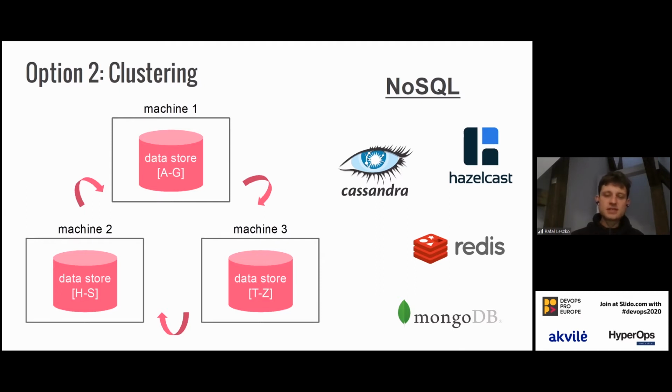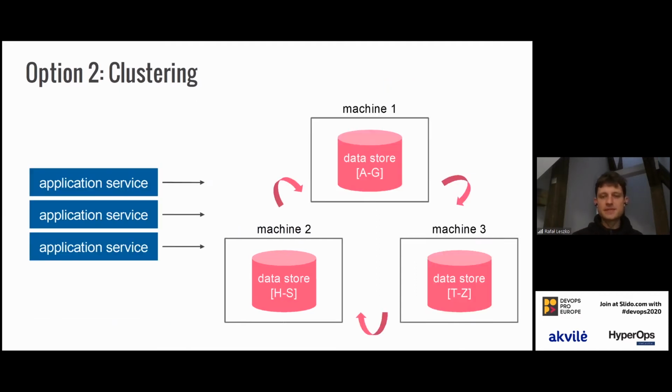The idea is a little different. This time every machine, every data store, is the same. They partition the data and each machine stores parts of the data, but also backups of some other partitions. So if one machine is down, we can still recover the data from the backups stored on other machines.